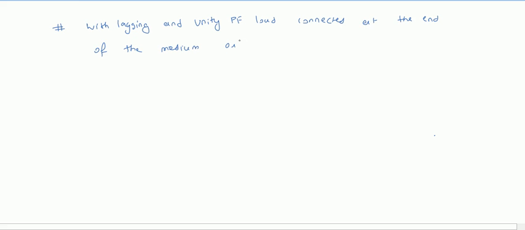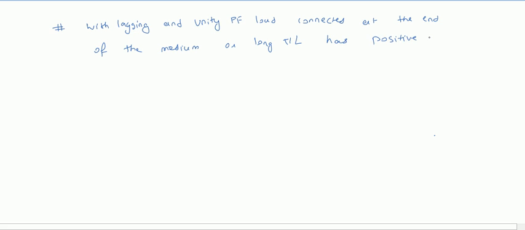That with lagging and unity power factor loads connected at the receiving end of a medium or long transmission line has positive voltage regulation.